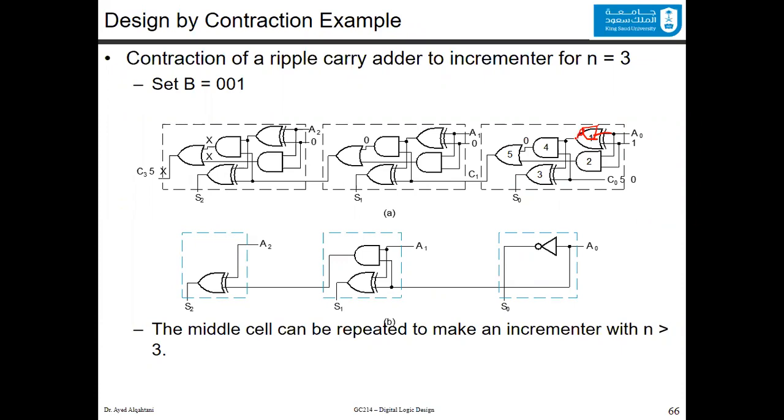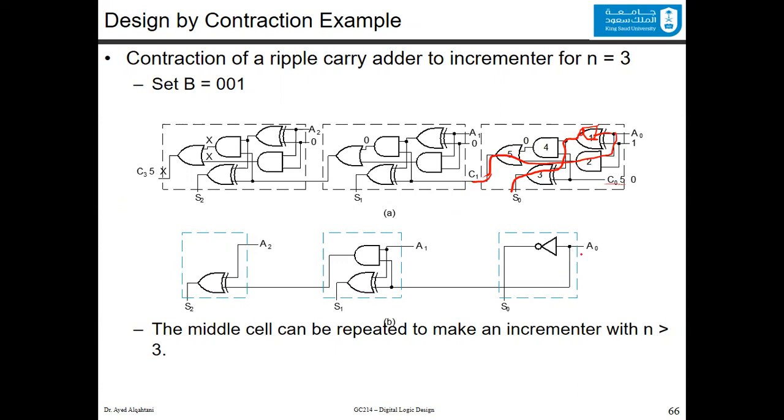And we know that these inverters go directly to S0. Since this XOR will be removed, one of its inputs is 0. And we have a symbol line going through this and going through this OR to the next carry over here.